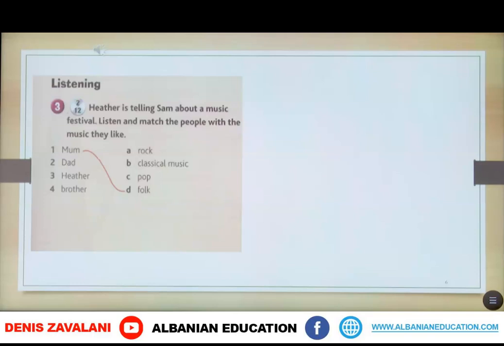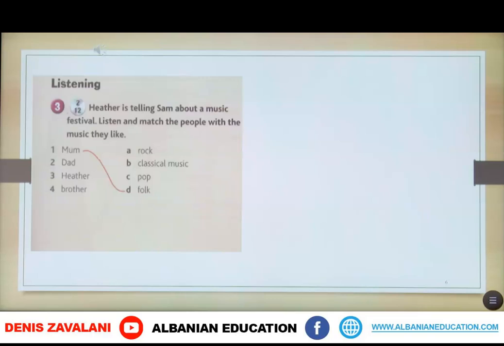So, tell me about the music festival. Well, there were 40 bands, and they played all different styles of music. Wow! Here, look at the programme. Rap, hip-hop, rock, folk music. That's a bit boring. I know. I don't like folk music, but Mum loves it. She saw all her favourite singers. But which pop bands did you see?